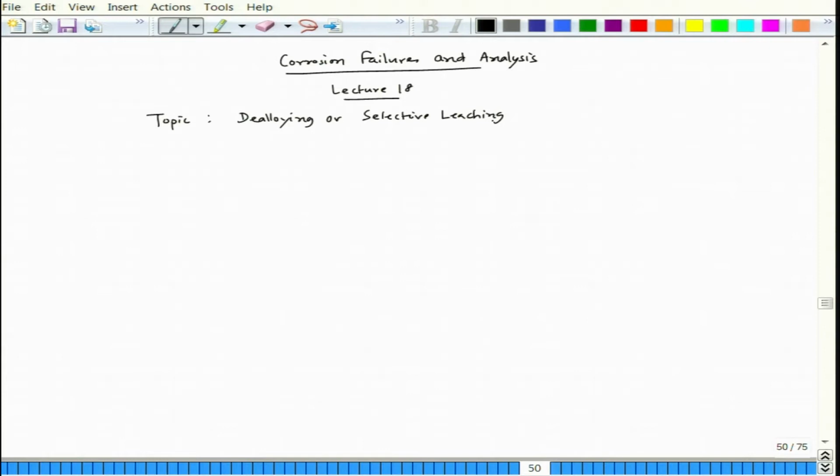And the second topic we will start today is intergranular corrosion.